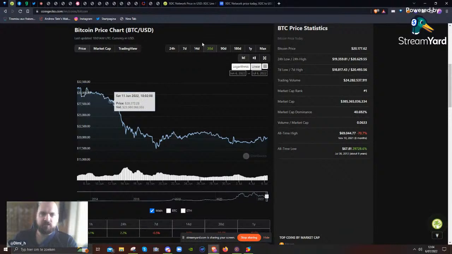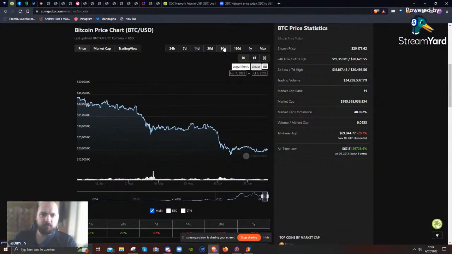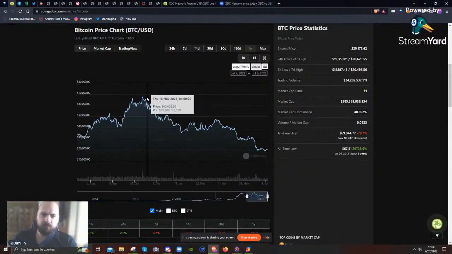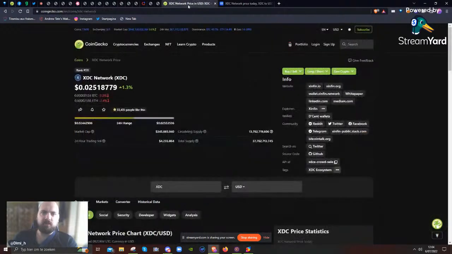Something akin to this, the monthly. I'll be referring back when I'm doing the technical analysis. Something like this, layered. Okay, 180 days, 1 year. This gives me a faint idea. Going to refresh the page.